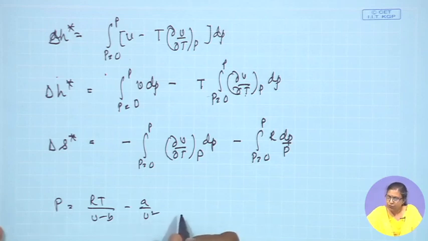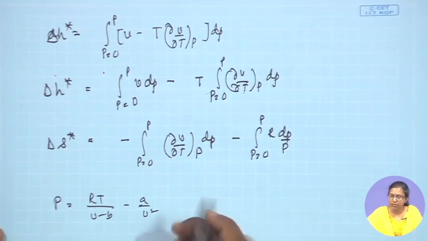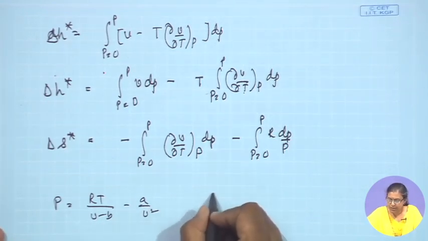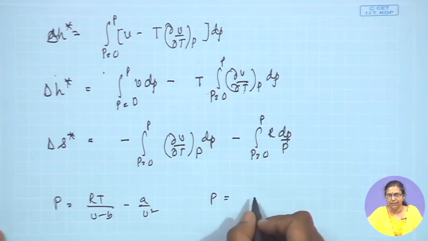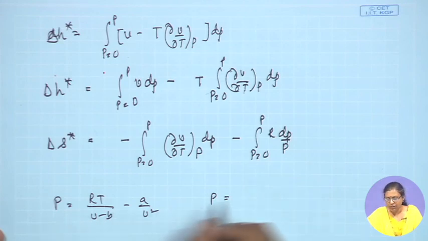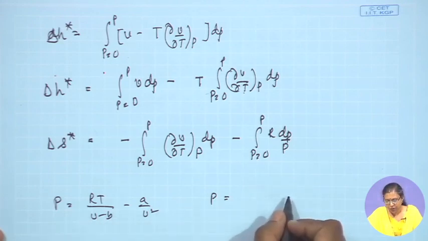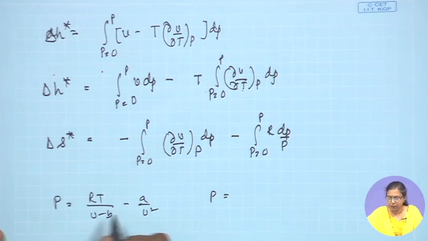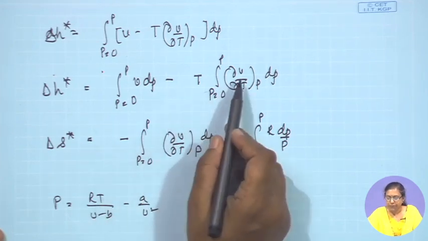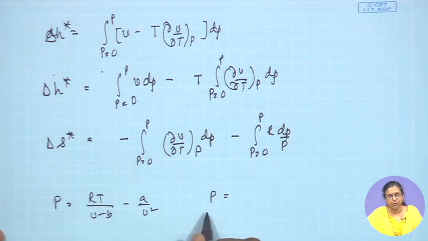In the same way, for the Peng-Robinson and the Redlich-Kwong equations of state, if you go back to our discussion, you will find that all these equations are written as P equal to some function of V and T. In other words, temperature and volume are taken as the independent variables, and all these equations express P in terms of T and V. So it is not very straightforward to find the dependence of V on P from these equations.